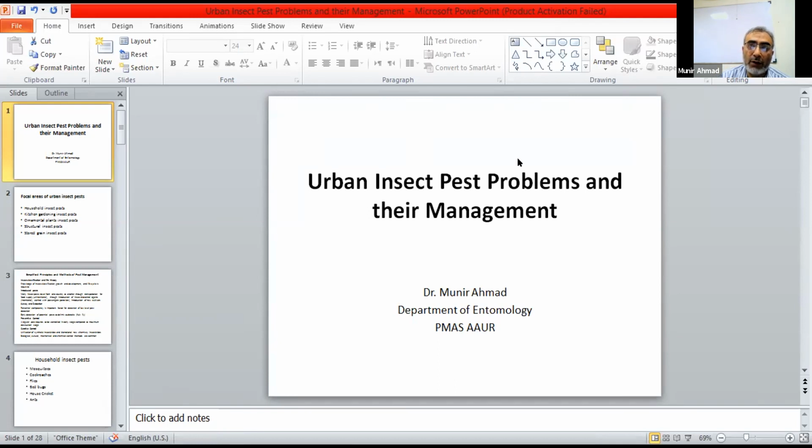If we go for larvicides, we have temephos, especially for mosquitoes. The same is the case for the IGRs. We have different IGRs like lufenuron, chlorfluazuron, and many others. It's a very long list which can be used.